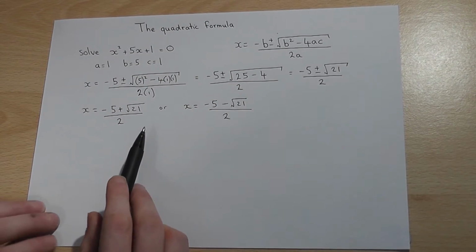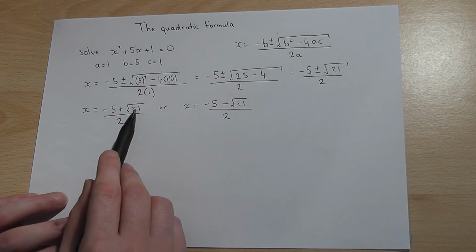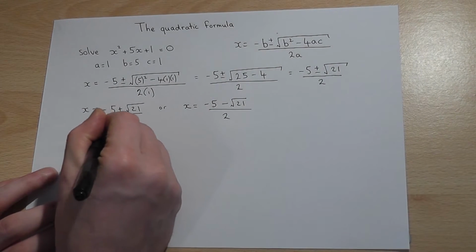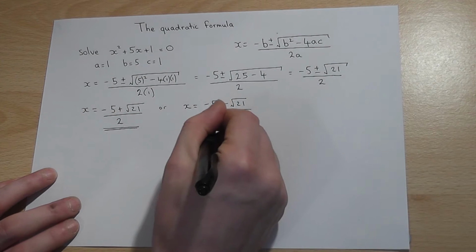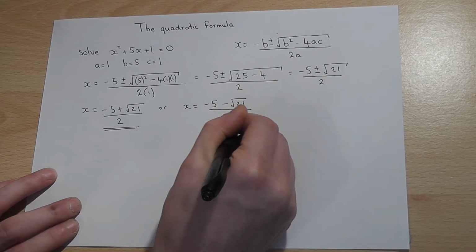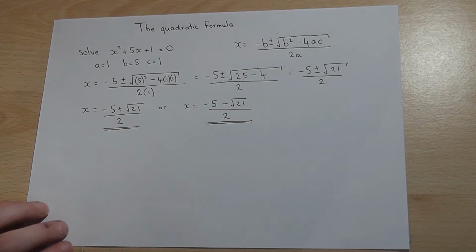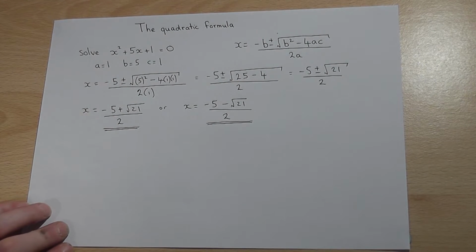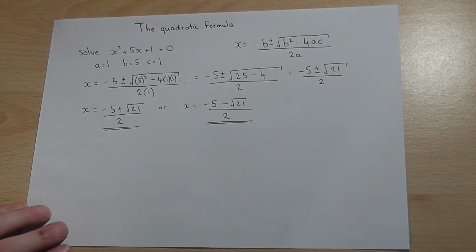Now we cannot find without a calculator what the square root of 21 is, and without a calculator we can leave our answers like this. However, with a calculator we could input this expression, press enter and deduce 2 values for the answer. However, we will leave our answer in this form.